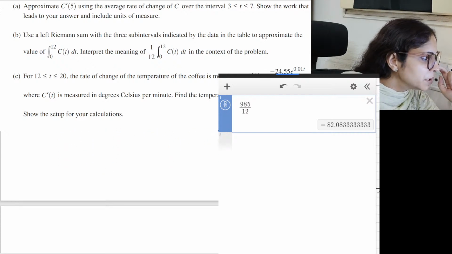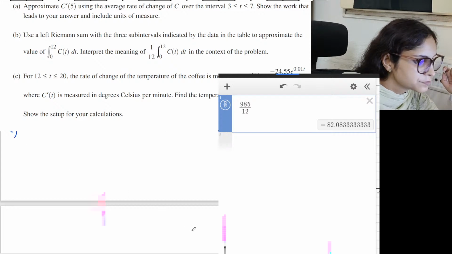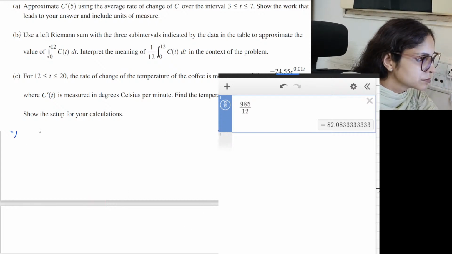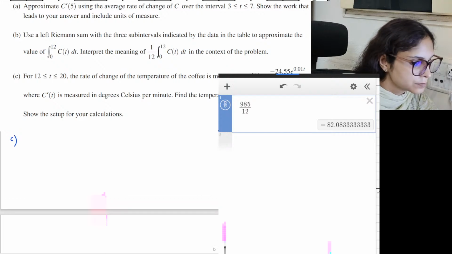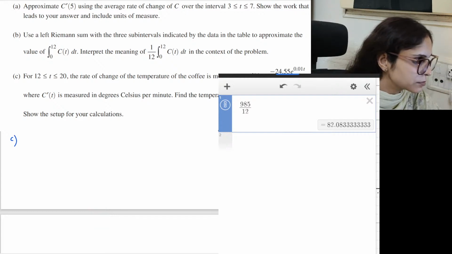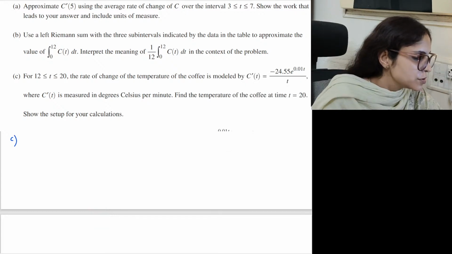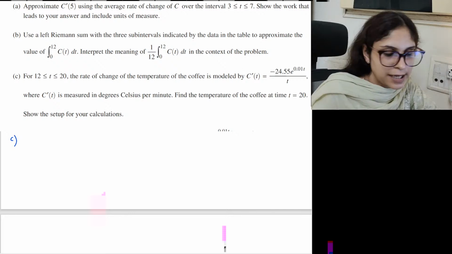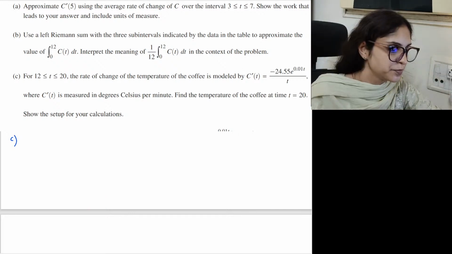Now we'll do the C part. So now what is the C part asking? It is telling us that from 12 to 20.